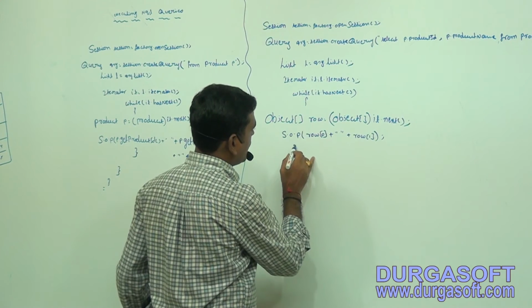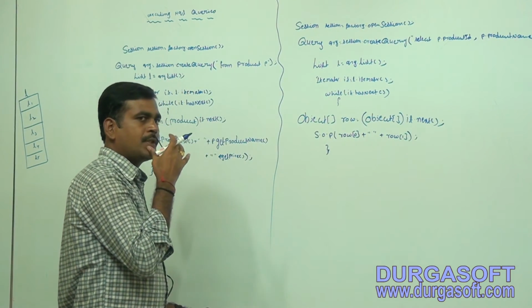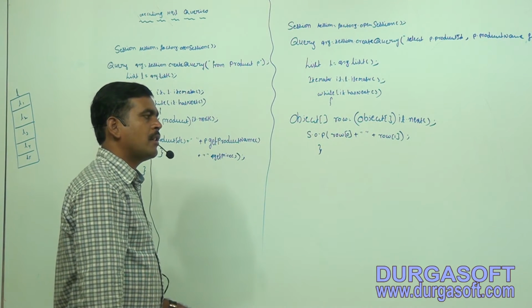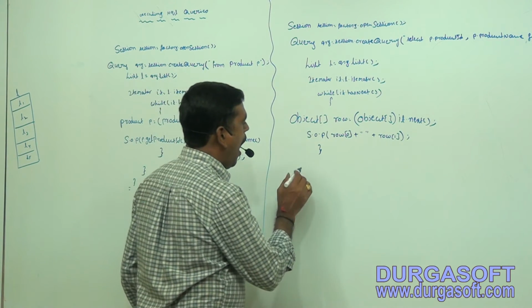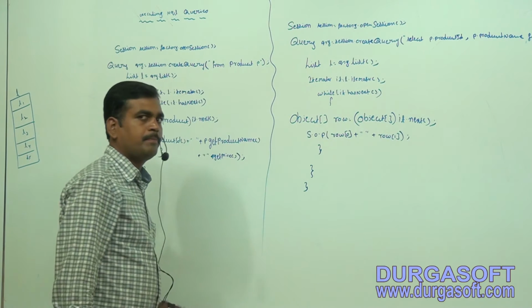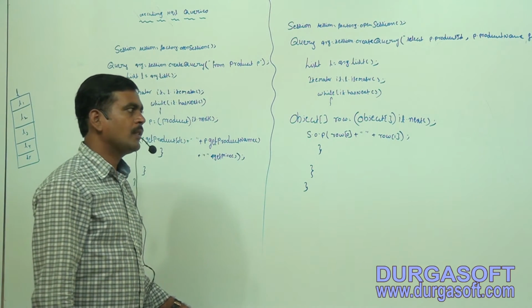Like this we can print. How many columns are we selecting? We are selecting 2 columns. That is the reason here I am taking row[0] and row[1]. Then close the main method and close the class, right?